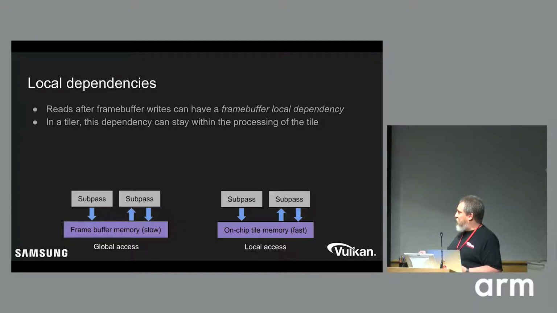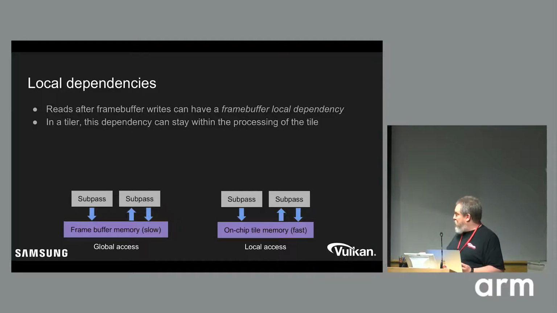So if you're doing arbitrary access to the frame buffer, and you need to be able to access anywhere within it, then the first subpass of work that you're doing needs to finish completely. All of its data needs to get written out to memory, and then the second subpass can read everything back in again. But all of that memory transfer and synchronization overhead is slow.